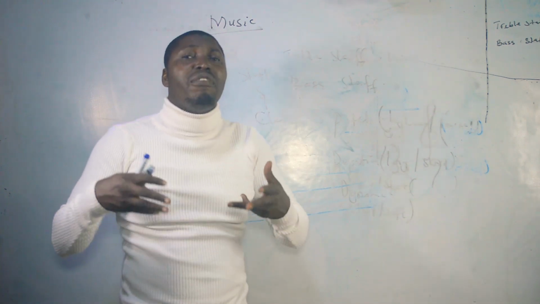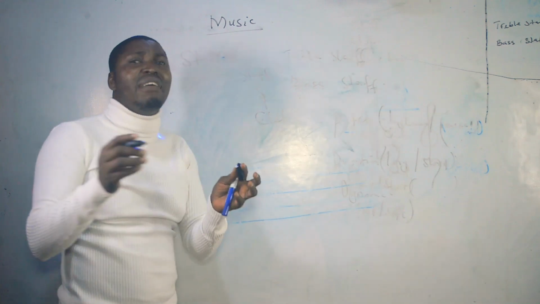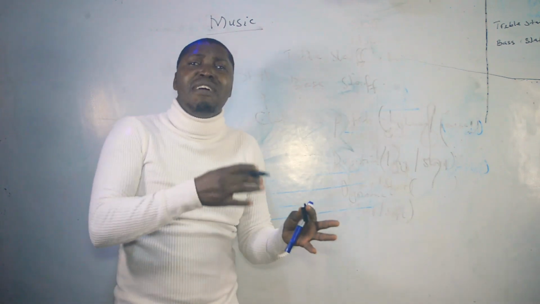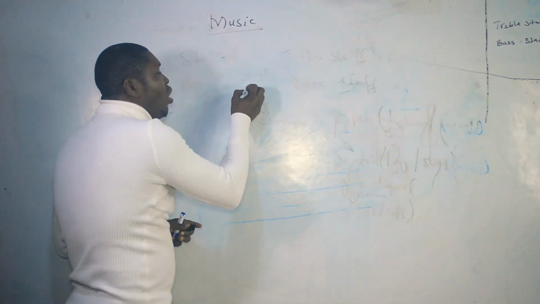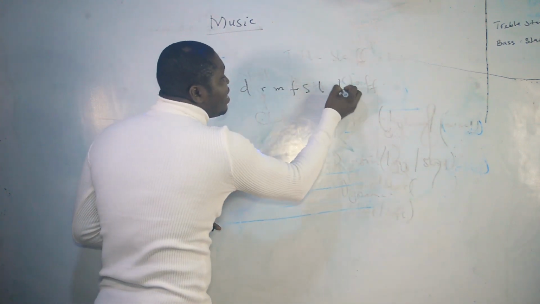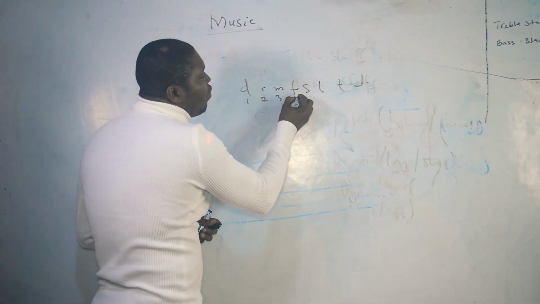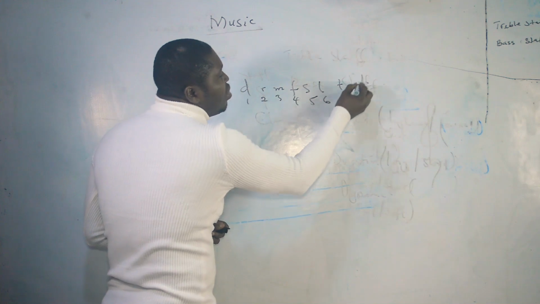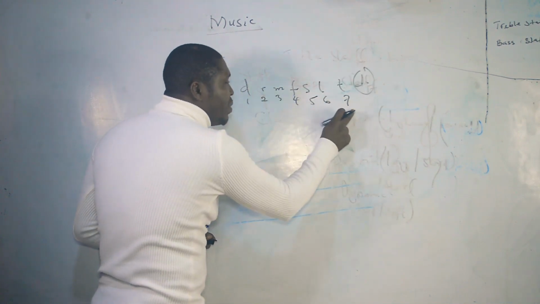In tonic solfa we have 7 primary sounds, and that is your do, re, mi, fa, sol, la, ti, do. If you count 1, 2, 3, 4, 5, 6, 7, this do is the repetition of the first. So we have 7 primary.